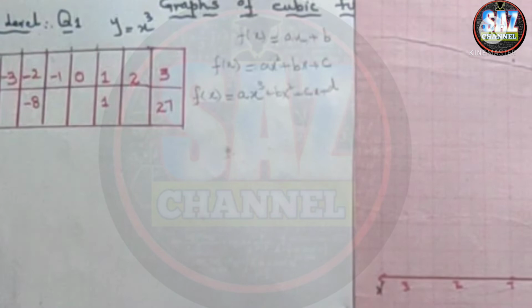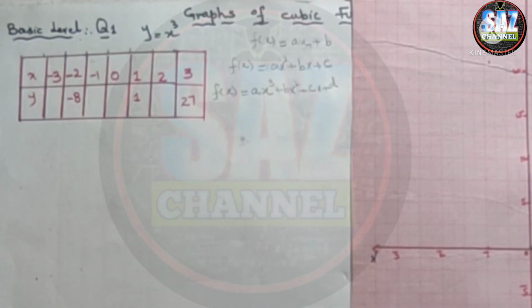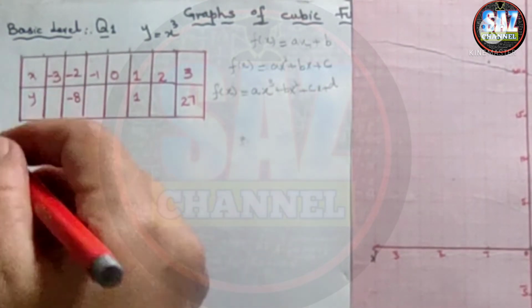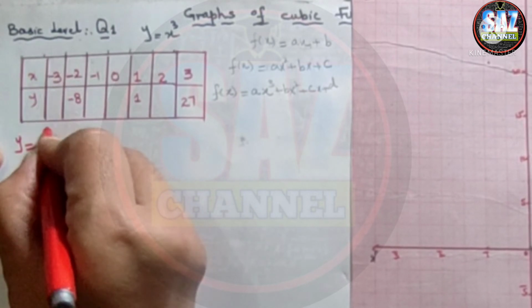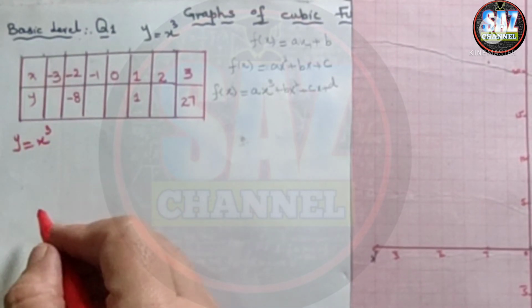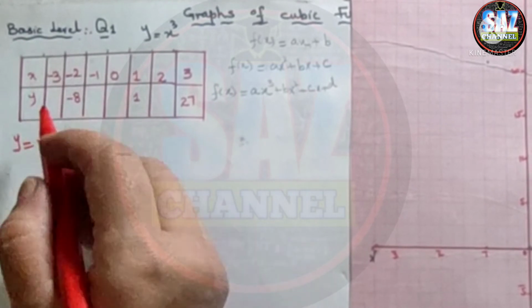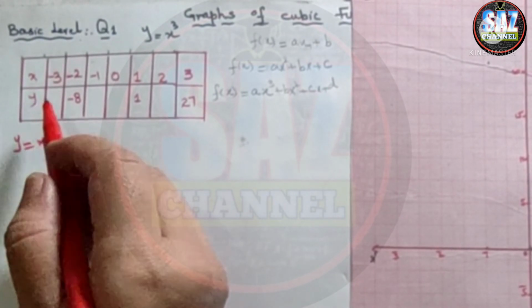So let's move to the first completion of the table, and then we will be discussing how to draw the graph. The given equation is y equals x cube. I always advise my students to go in a sequence, do not pick up the points randomly.